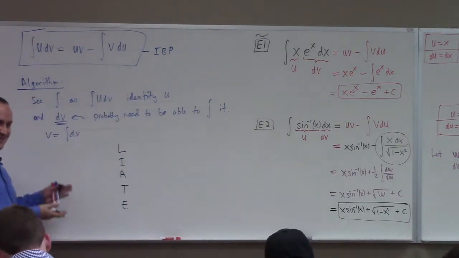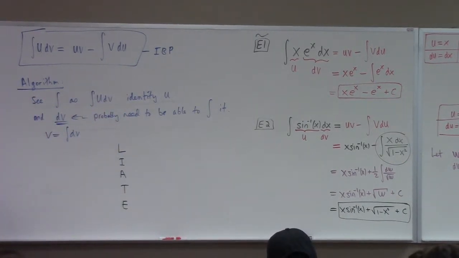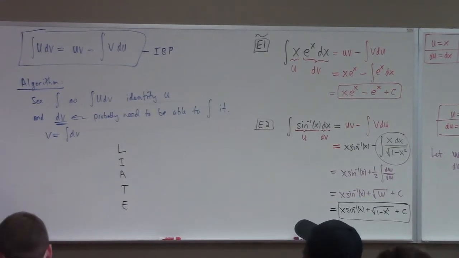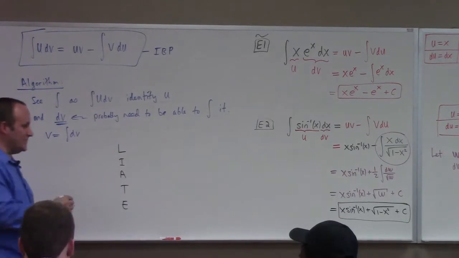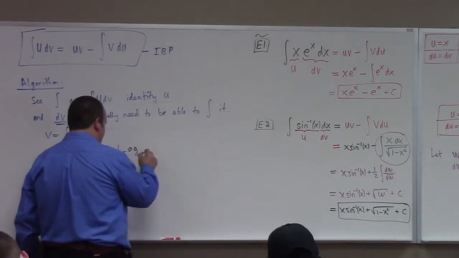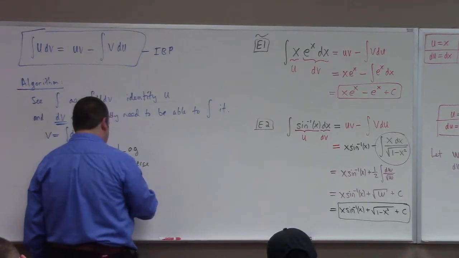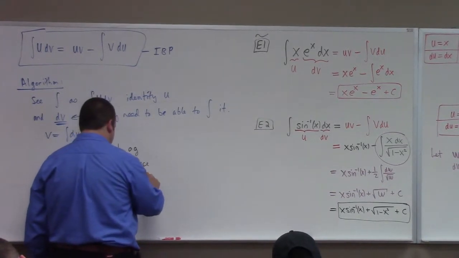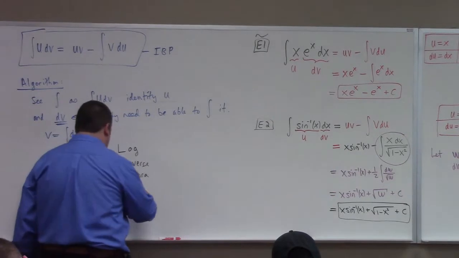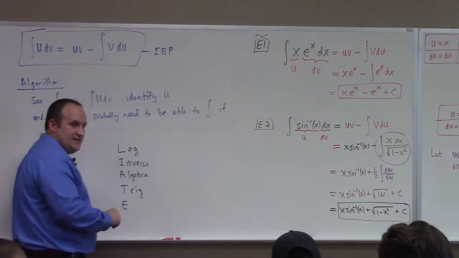LIATE informs you as to the usually best choice of u. L stands for logarithm. I stands for inverse. A stands for algebraic. T stands for trigonometric. E stands for exponential.